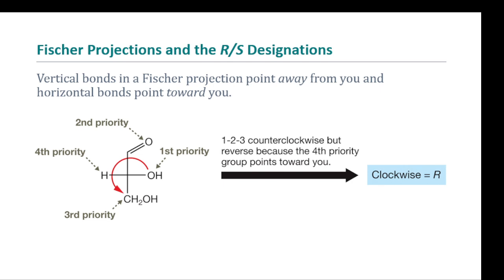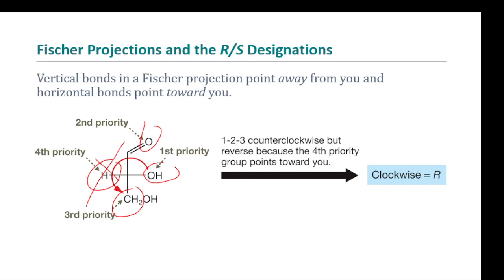So in a Fisher projection, you assign the priorities, so this is first, second, and third, hydrogen being the 4th priority. You don't need to ever count the hydrogen here. You can ignore it because that would normally be behind the carbon.